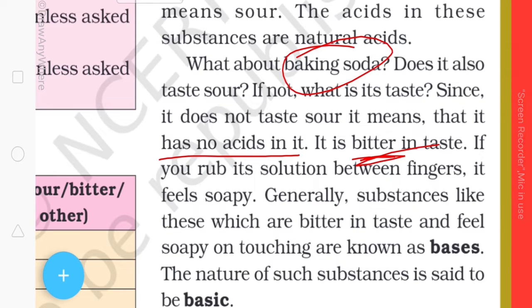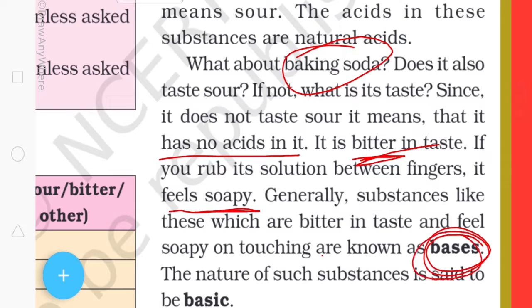If you rub its solution between your fingers, it feels soapy, which means it is slippery. Generally, substances like this, which are bitter in taste and feel soapy on touching, are known as bases.